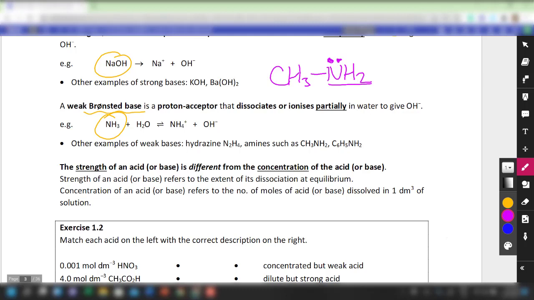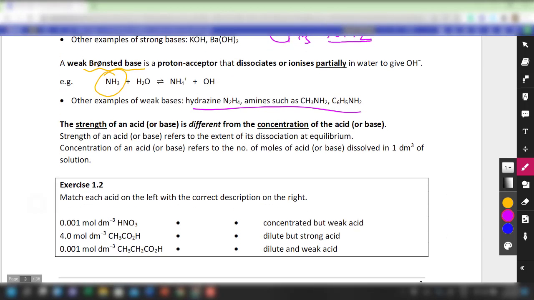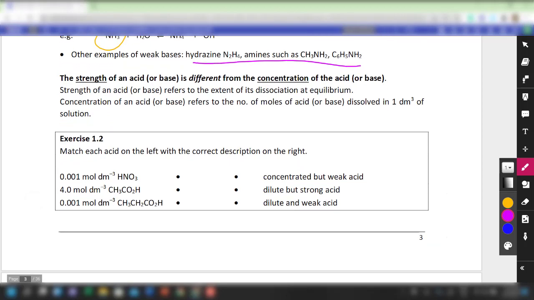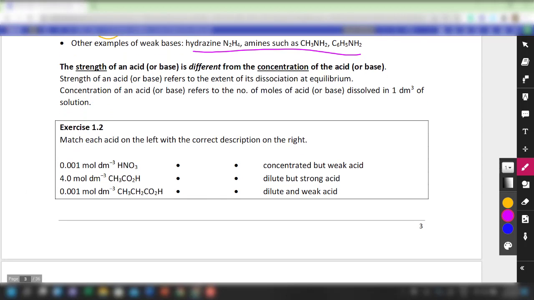There are other examples which you will deal with as you move on in your organic chemistry education. Remember that the strength of an acid is not the same as the concentration. You can have a very concentrated weak acid, but it is still a weak acid because it doesn't ionize completely in water.